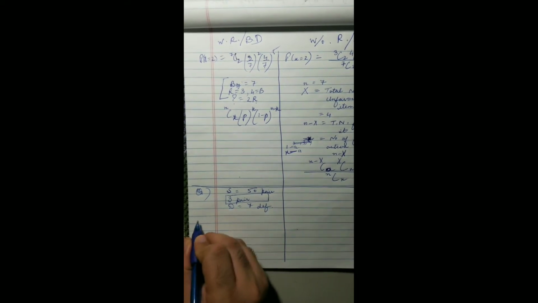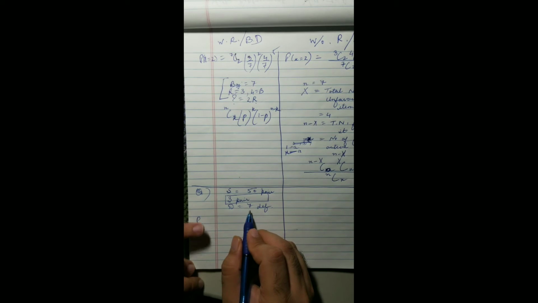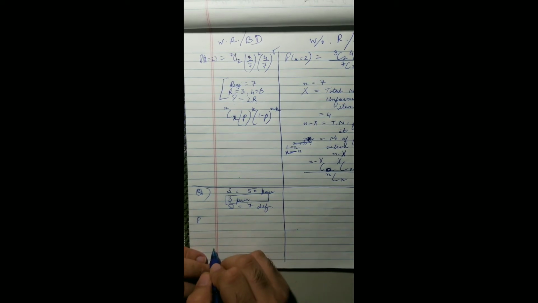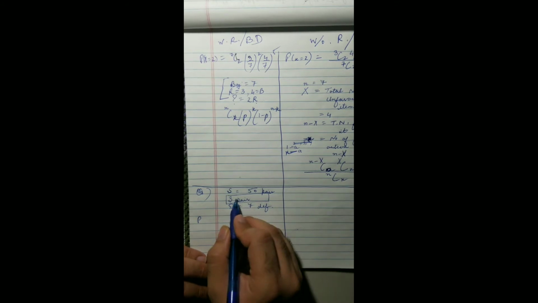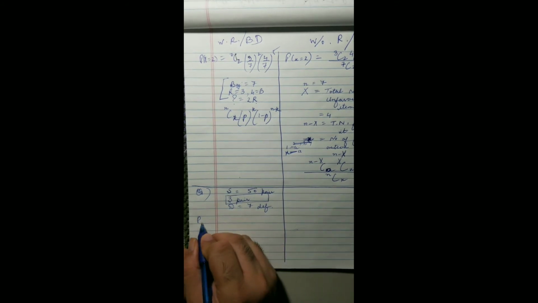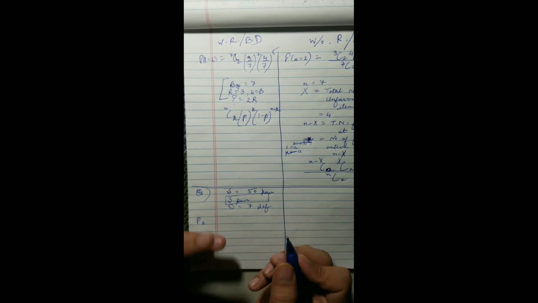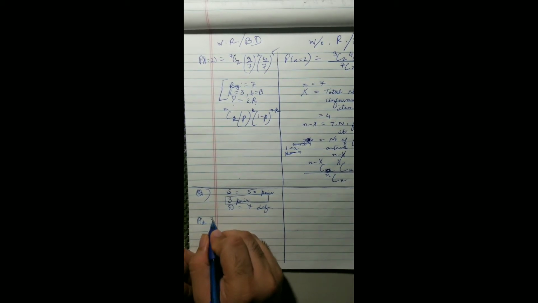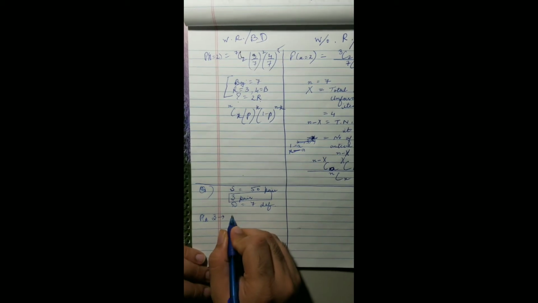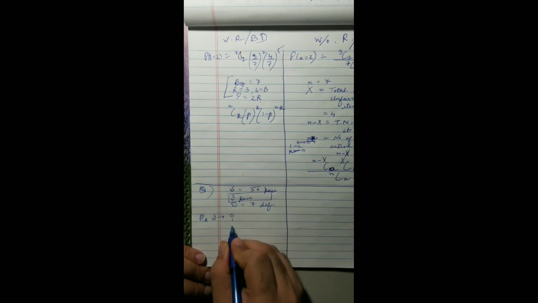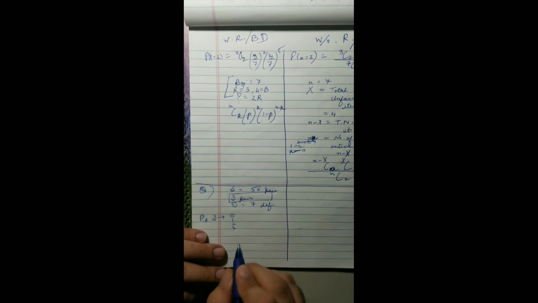So the probability distribution of the guy getting a defective pair of shoe in a sample of 3 is at least 1, I would say, in 3. So what are the possibilities in a sample of 3? In a sample of 3, either he doesn't get any defective, either he gets 1, either he gets 2, or either he gets 3.